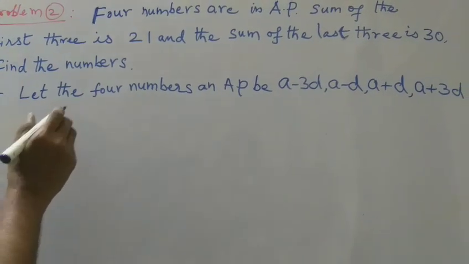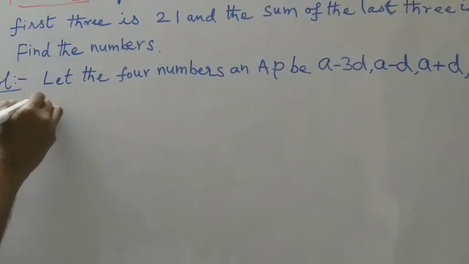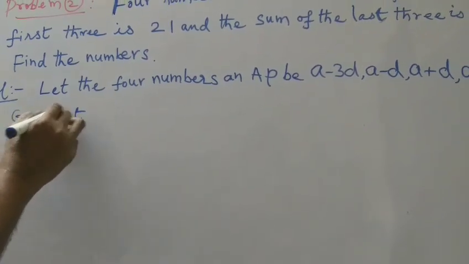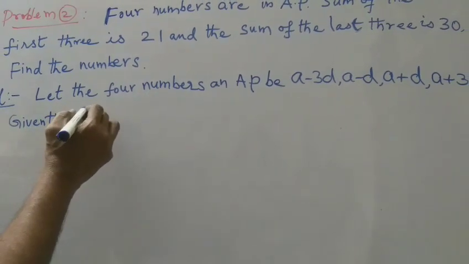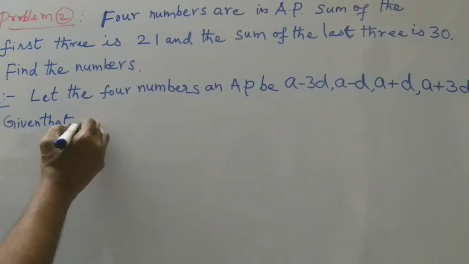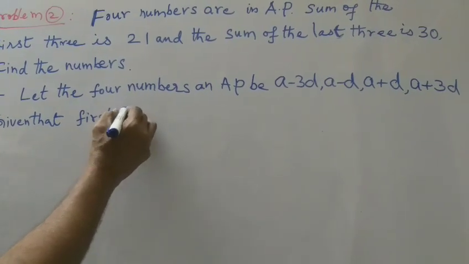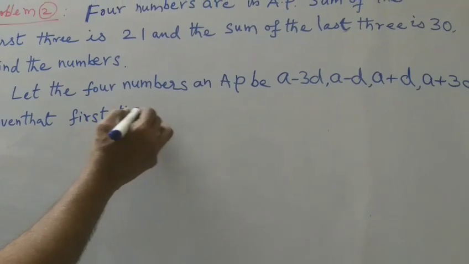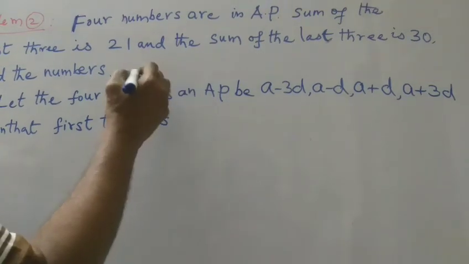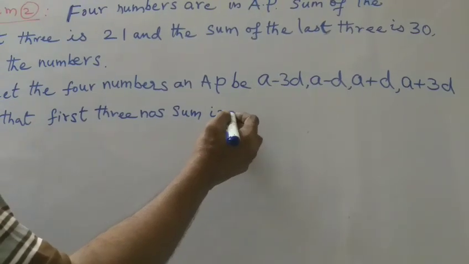It is given that the sum of the first three numbers is 21.